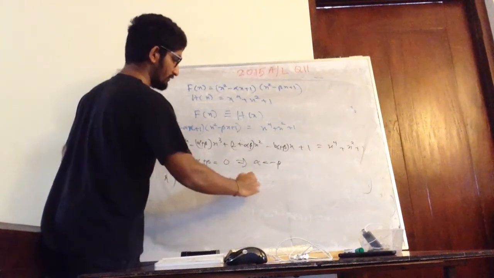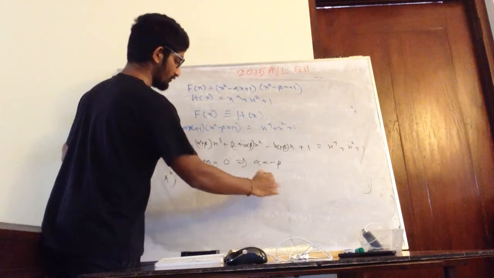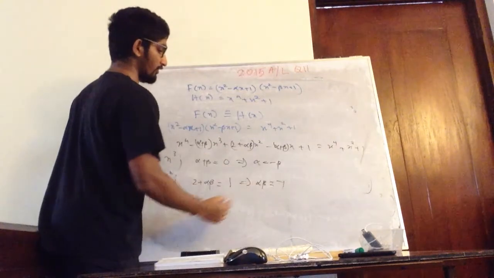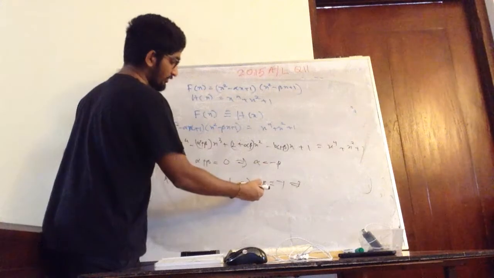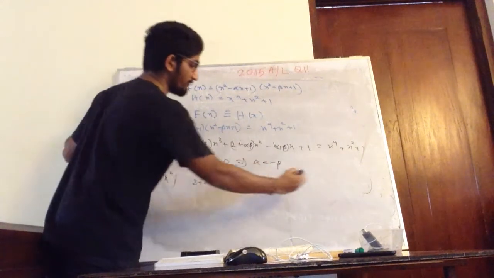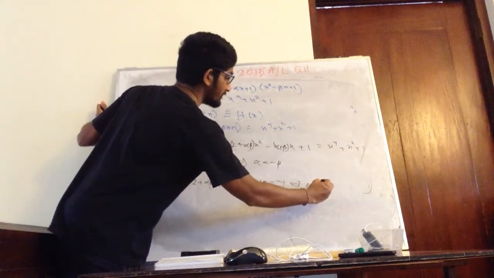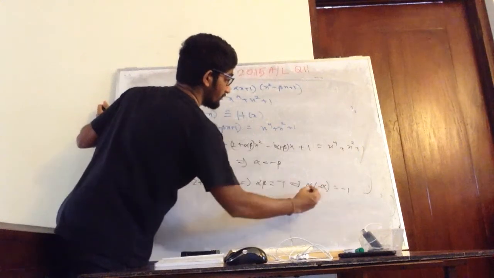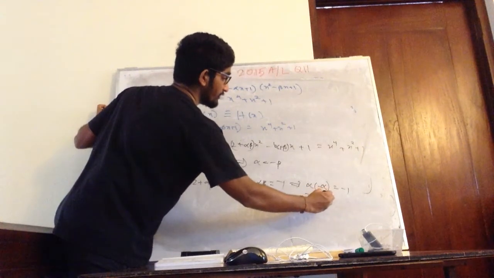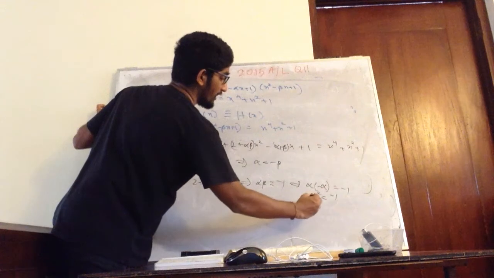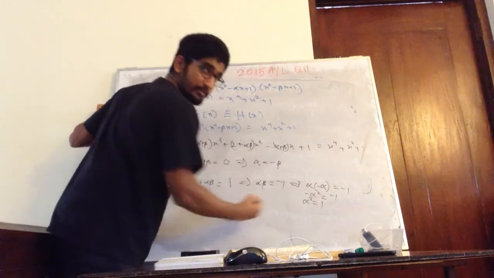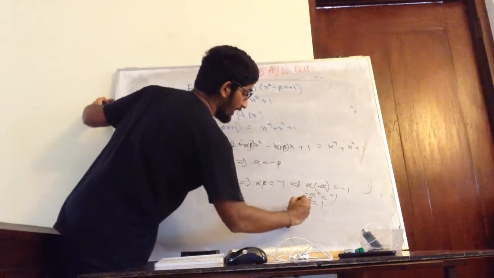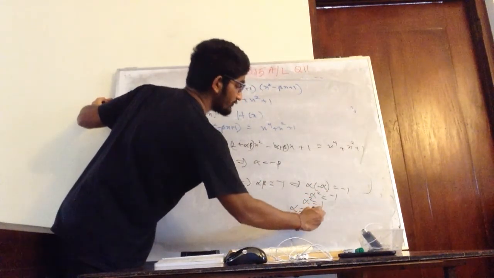Right, so that means alpha beta is going to be minus 1. So then I can write beta as minus alpha now. So alpha times minus alpha will be minus 1. So minus alpha squared is going to be minus 1. So alpha squared is going to be 1. Right? That means alpha is going to be plus or minus 1.